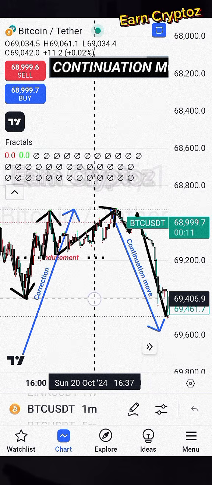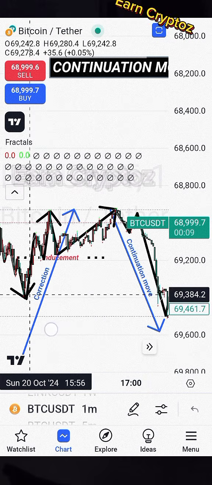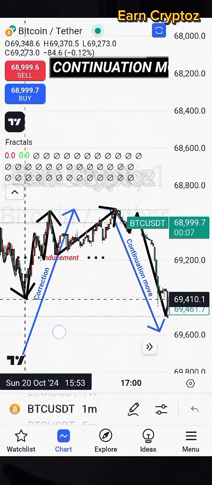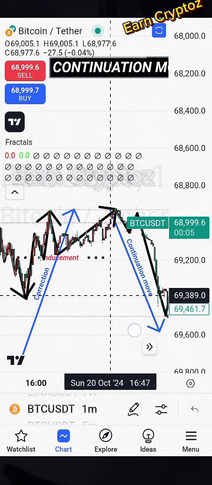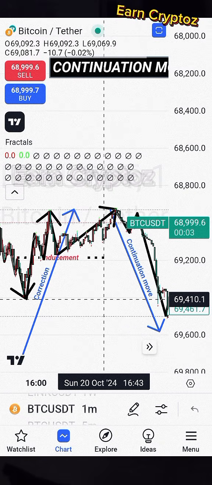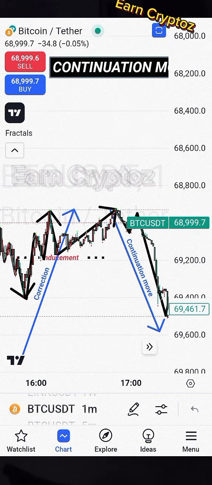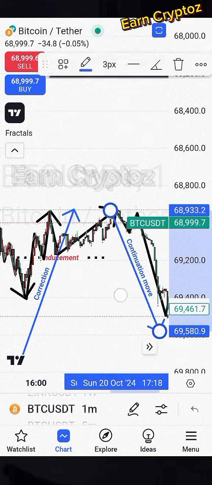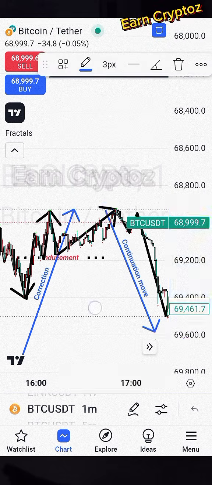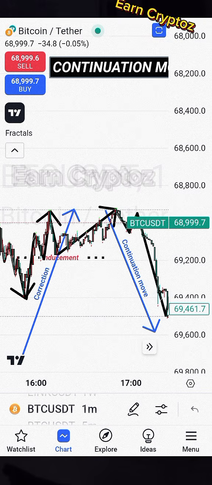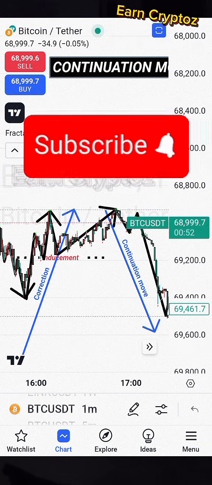Then it broke below the first impulsive move. Very important to know that once it breaks below the first impulsive move, that is a continuation move right there. That is how to identify a continuation move.